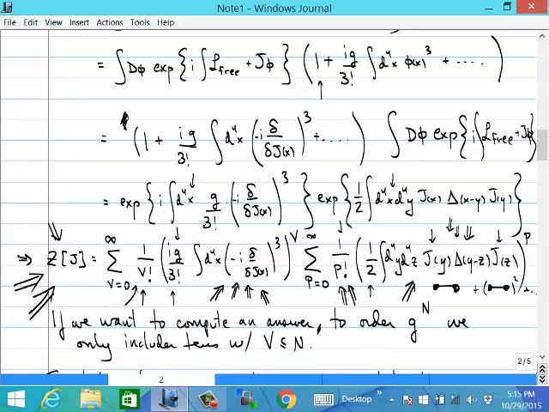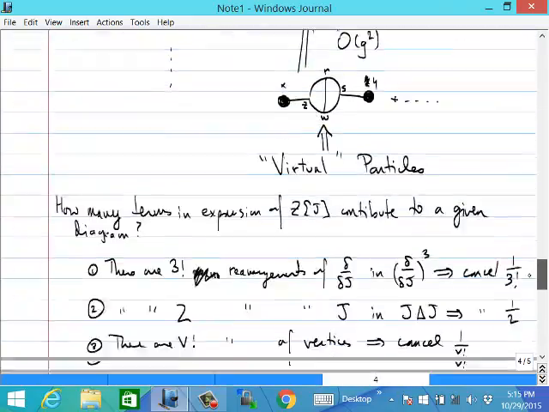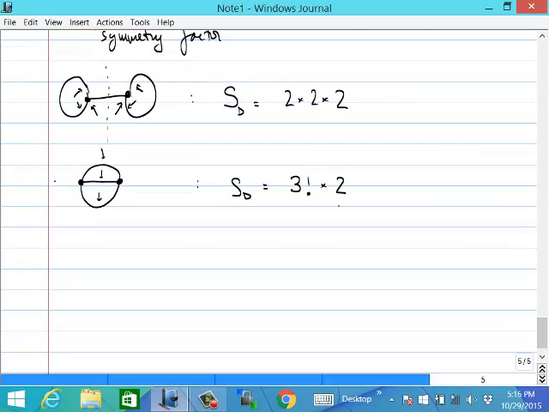And that canceled the 1 over 3 factorial. Except when I made that argument, I actually made a mistake, because this diagram had a symmetry, and so they didn't actually completely cancel out. In particular, this 2 arises precisely because I can't fully cancel out all of those combinatorial factors.